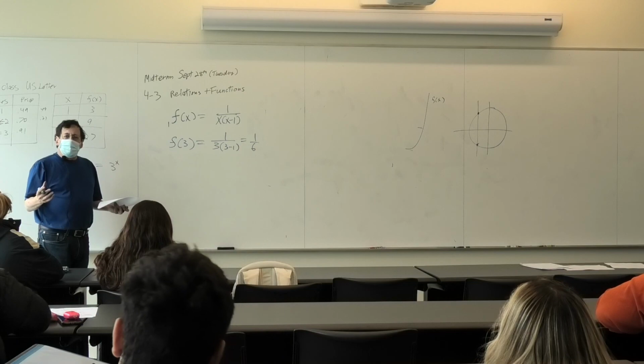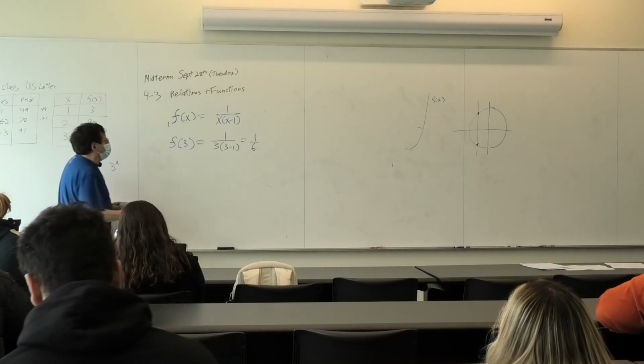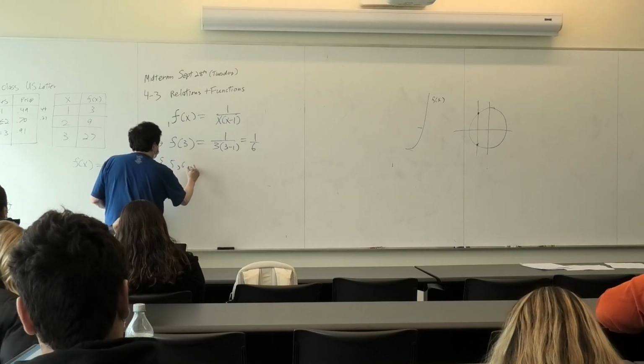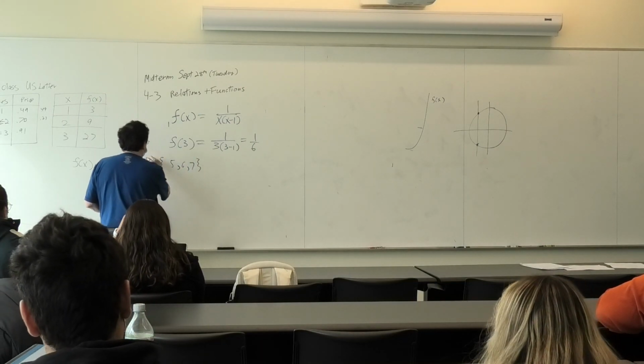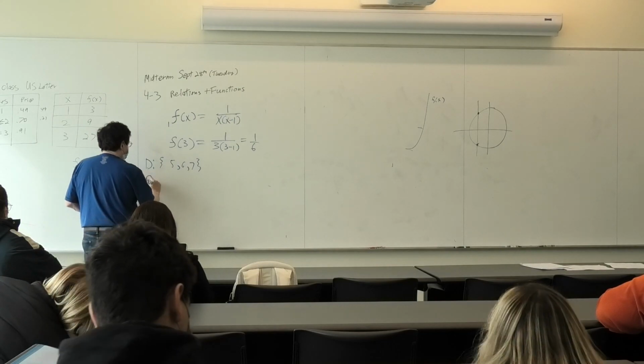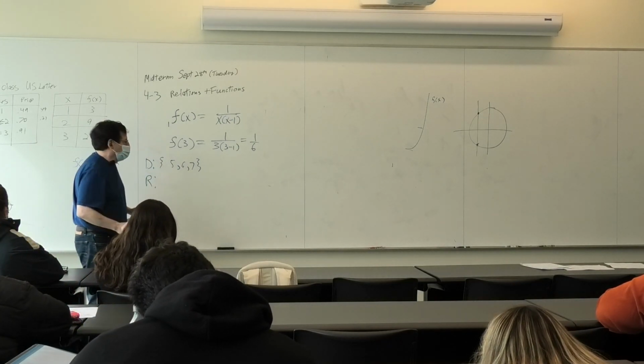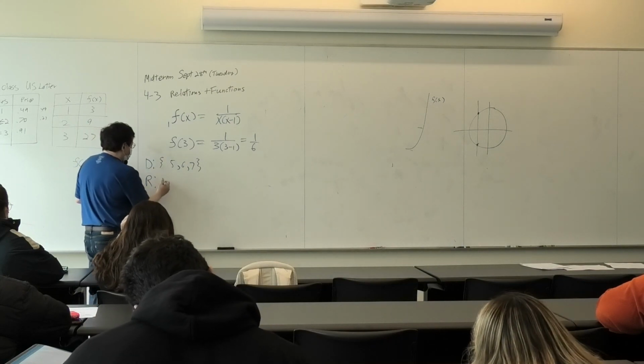If I told you that this function had a domain of 4, 5, and 6, I'm going to steal 30 more seconds of your time. How would I find the range?